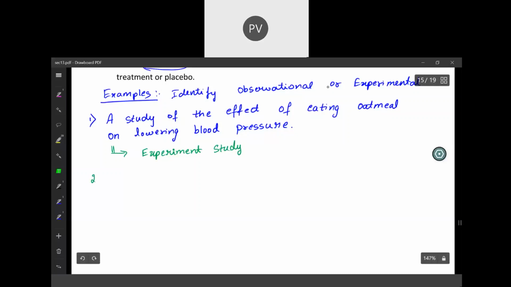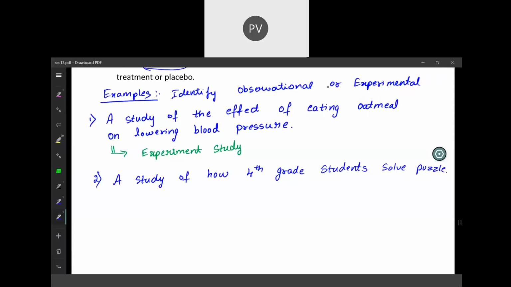Second question. A study of how fourth grade students solve puzzles. So is this an experiment study?